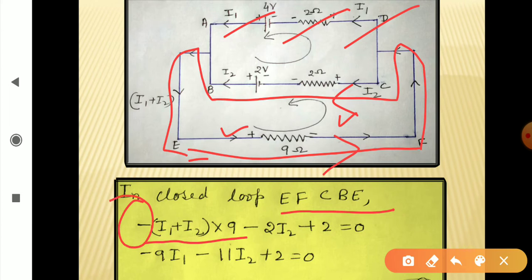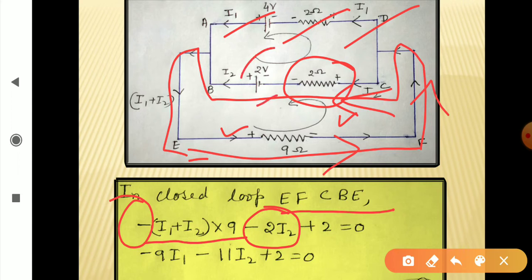Now when you reach through this 2 ohm resistance, you are moving from higher potential to lower potential. Again fall of potential, so minus 2I2. Now when you reach the cell, you are moving from lower potential to higher potential. So rise of potential is taken as plus, is equal to 0, right?